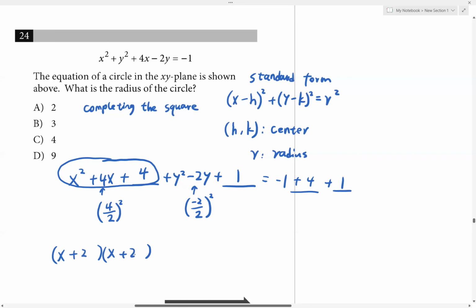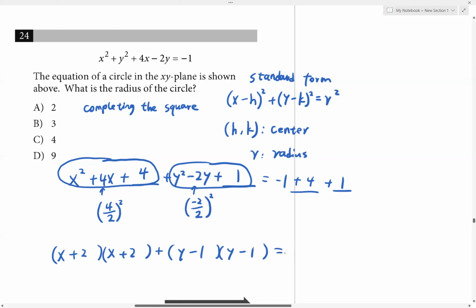The number here that we get is always the number that we have after we divide by 2. So 4 over 2 is 2, so it's +2, +2. It will always be like that. And then the y's, we can also factor that. y squared minus 2y plus 1 factors as (y minus 1)(y minus 1).